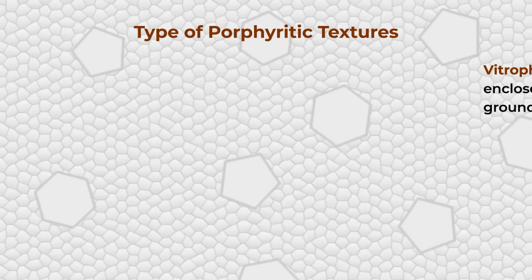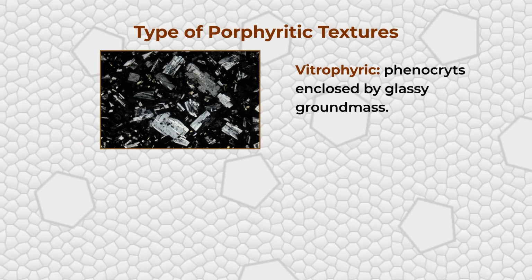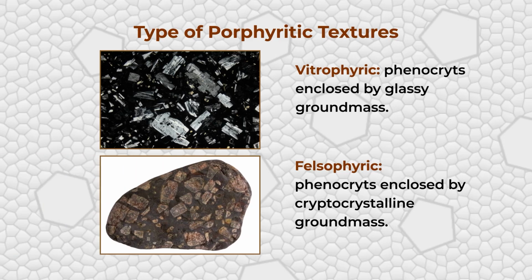The porphyritic texture is of three important types. They are categorized as vitrophyric. Vitrophyric means when large size phenocrysts are embedded within a glassy groundmass. In the case of felsophyric texture, the phenocrysts are enclosed by a cryptocrystalline groundmass. Here the grain size of the groundmass is slightly larger.